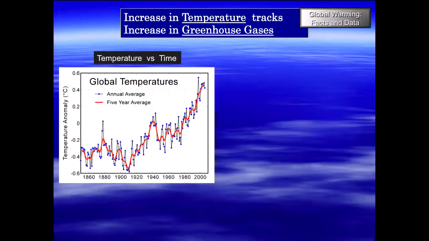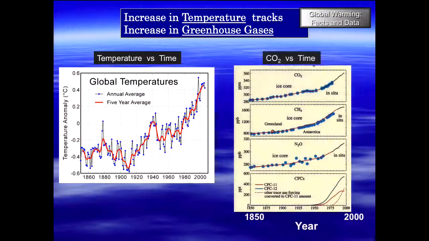Here's the graph of temperature versus time that I already showed you. There's the increase over the course of more than a century. And here is a graph, again, that I've already shown you of the increase in the carbon dioxide from ice core drillings going back to 1850. There's the inexorable increase in carbon dioxide.